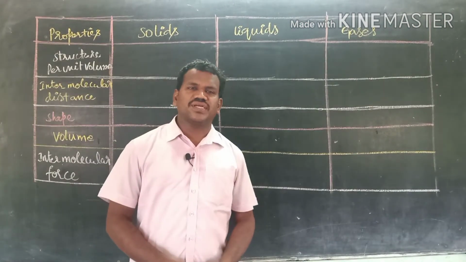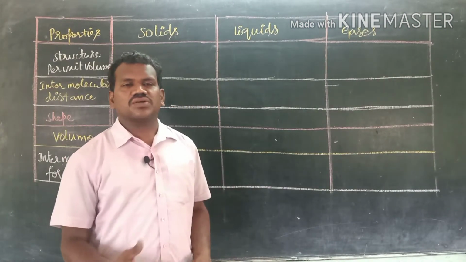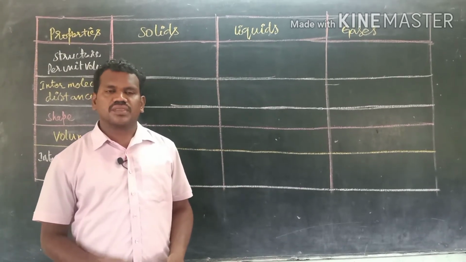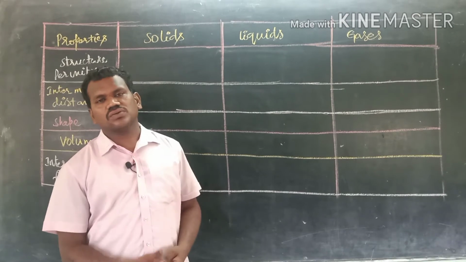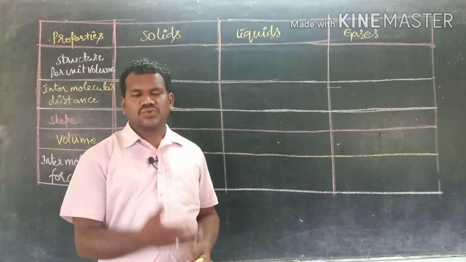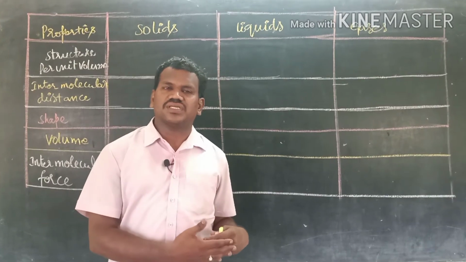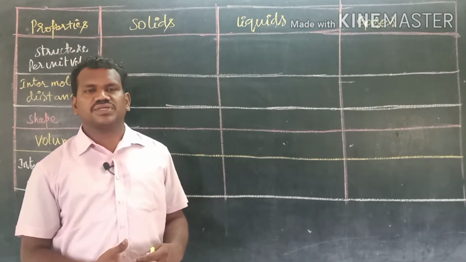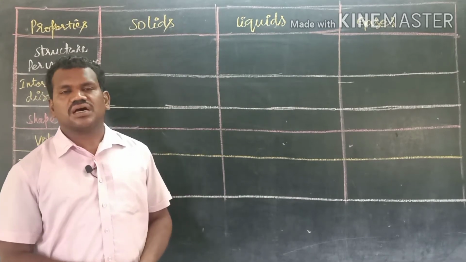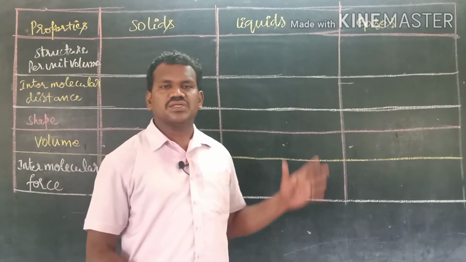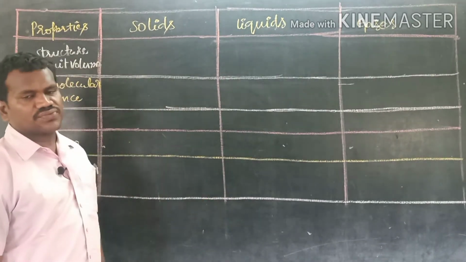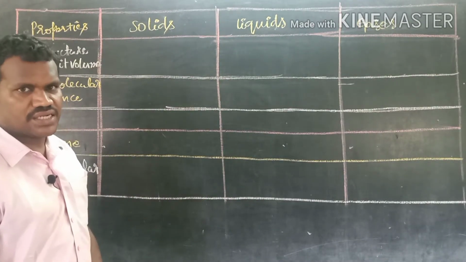In this video we are going to discuss various properties of matter, because till now we discussed many activities. We already did some of the activities in the previous videos. Now let us summarize the different properties of matter and the particles.